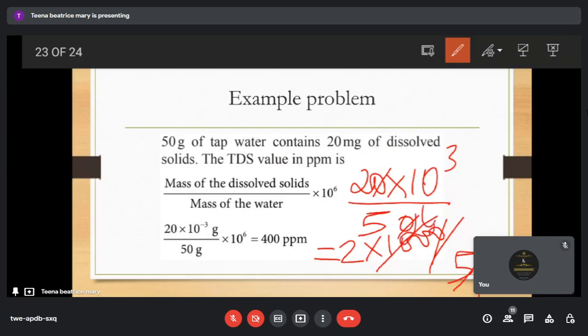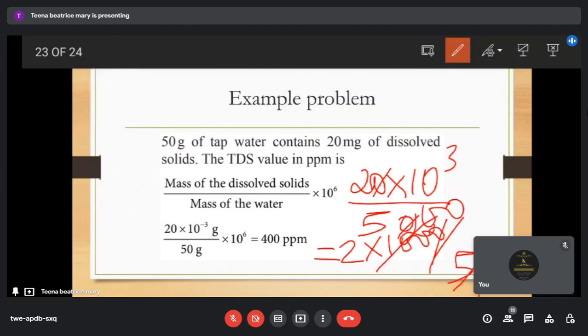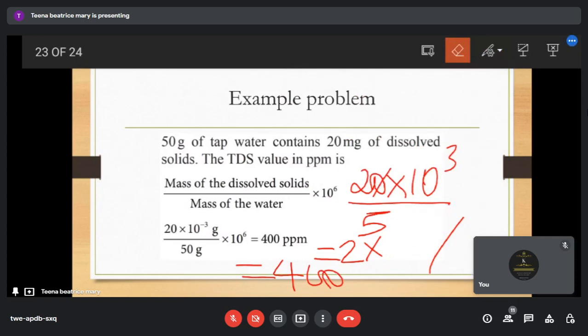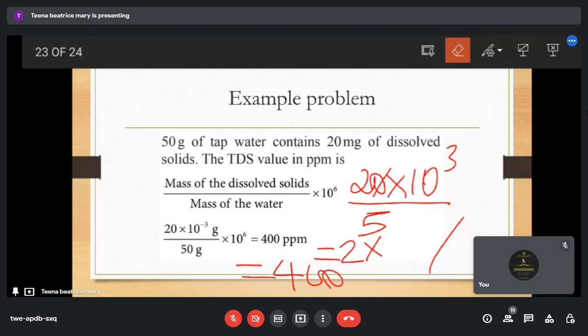Yes ma'am. So 200 into 2 will be 400. 400 ma'am. Okay. Yes ma'am. டைரக்டா நான் இப்படி மல்டிப்ளை பண்ணிருக்கேமா. So இங்க 1000 இருக்கா, இங்க 50. So we'll be getting 200.